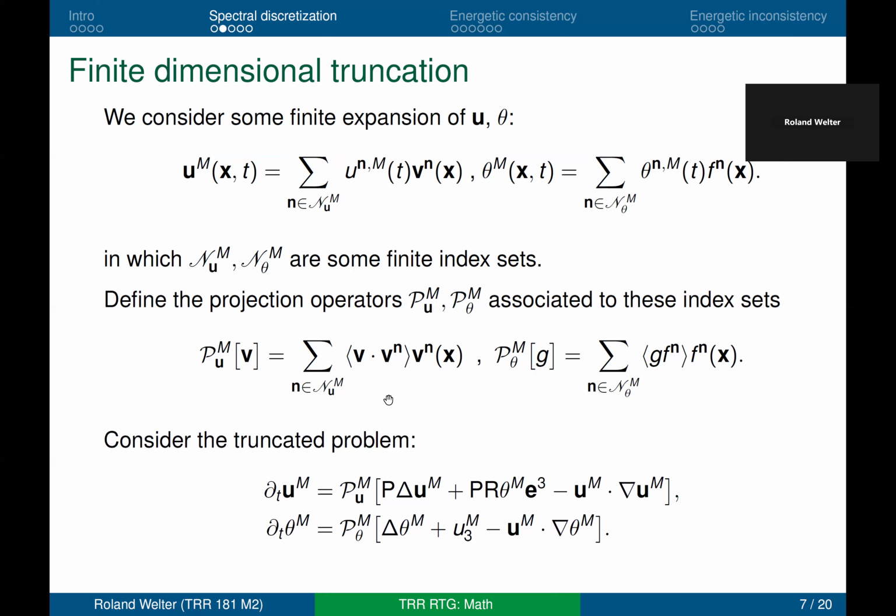And so we can't expect that a finite dimensional field will satisfy this. But we can consider the truncated problem where we apply these projection operators to the right-hand sides. And these projection operators stop the energy cascade. So we could expect that a finite dimensional field solves this problem.